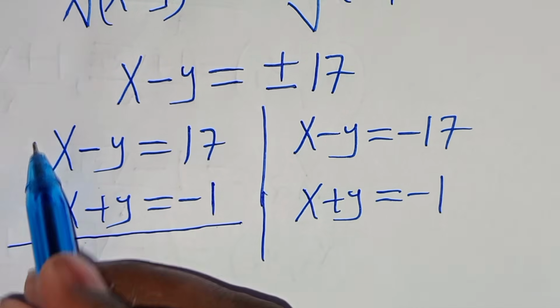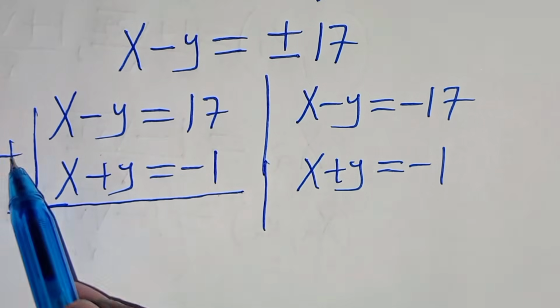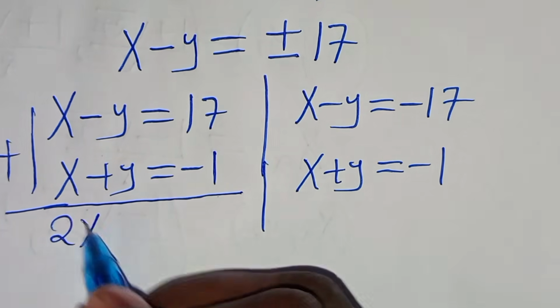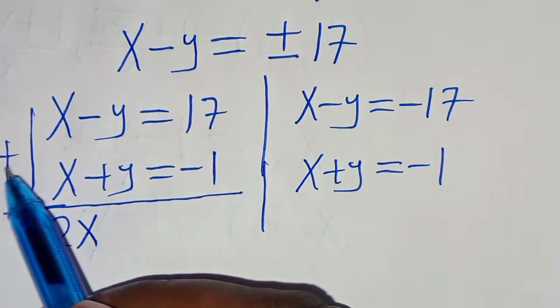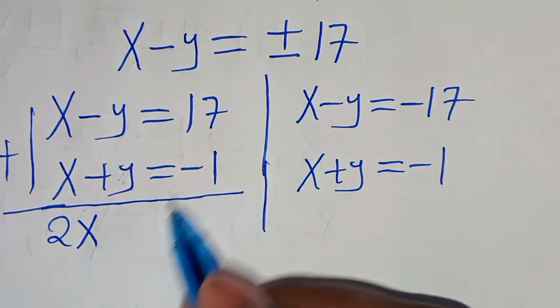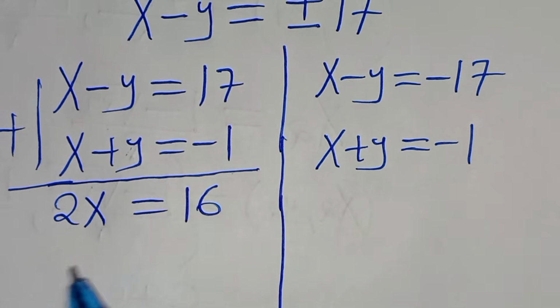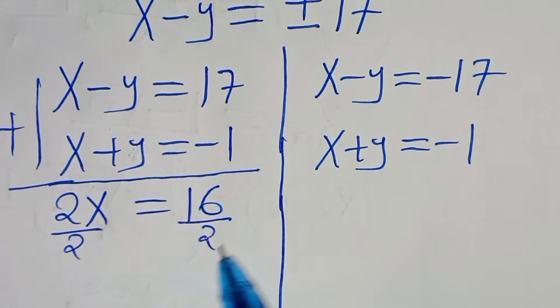So let's sum these two linear equations so that we have x plus x, this is 2x, then minus y plus y simplifies, then 17 plus minus 1 is equal to 16. Now, let's divide both sides by 2.